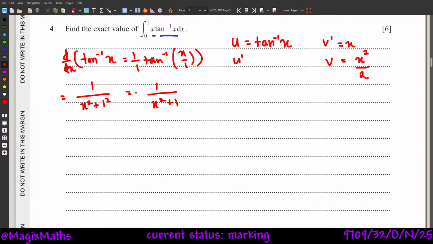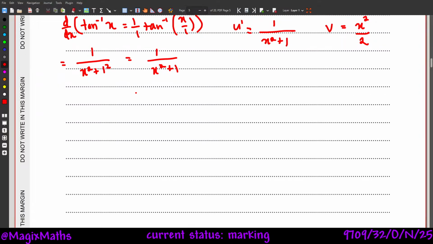Right. So that's our u prime, 1 over x squared plus 1. Now, uv prime, we will have uv minus vu prime.